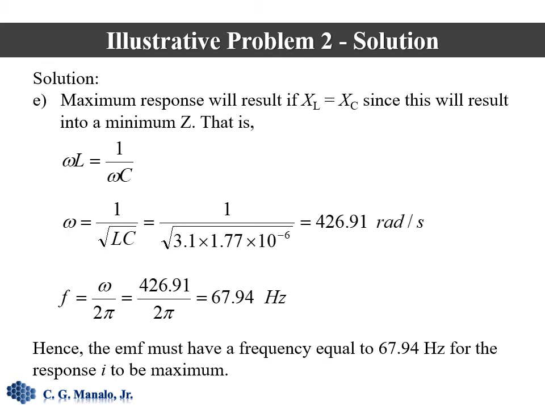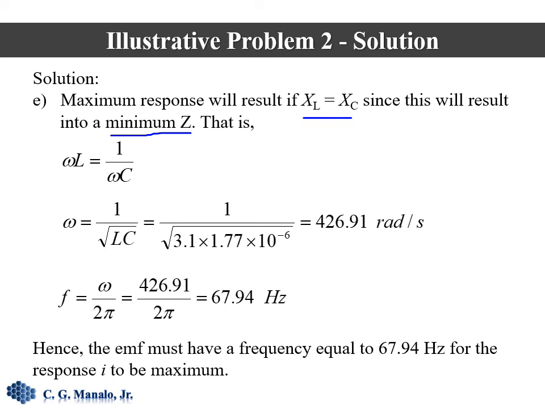Now, take note that I sub m is a function of the impedance Z, and since the impedance Z is also a function of X sub L and X sub C, and X sub L and X sub C is a function of the frequency, that means that I sub m will be affected by whatever the frequency of the source is. And we will get a maximum I sub m if we have a minimum Z. And the minimum Z will happen if we have X sub L equals X sub C.